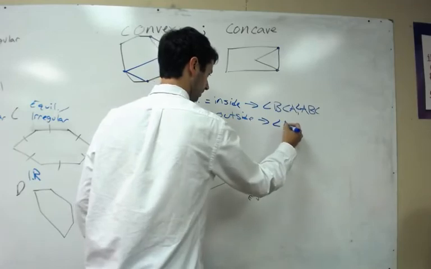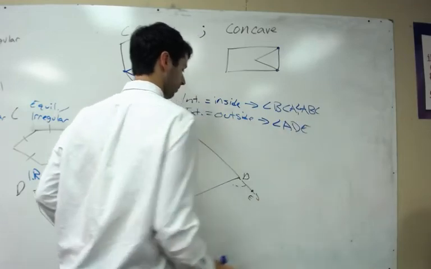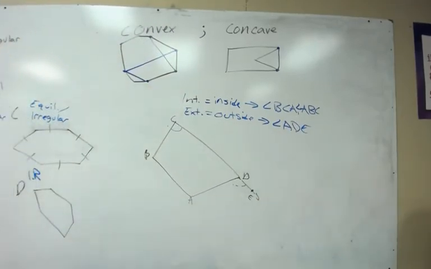Angle ADE would be an example of an exterior angle. And that's the last thing we're going to talk about with polygons. And so that's just learning how to classify them by sides, whether regular or irregular, and angles. So that concludes lesson 15.